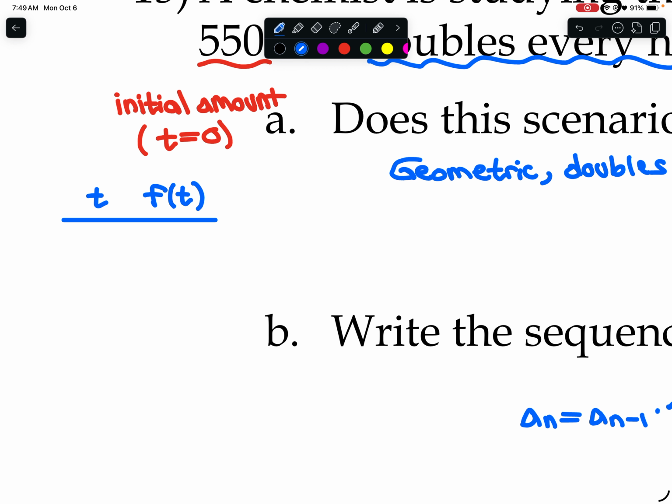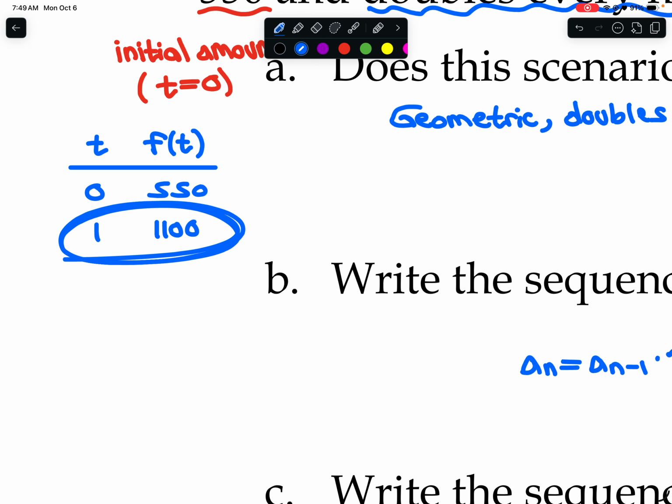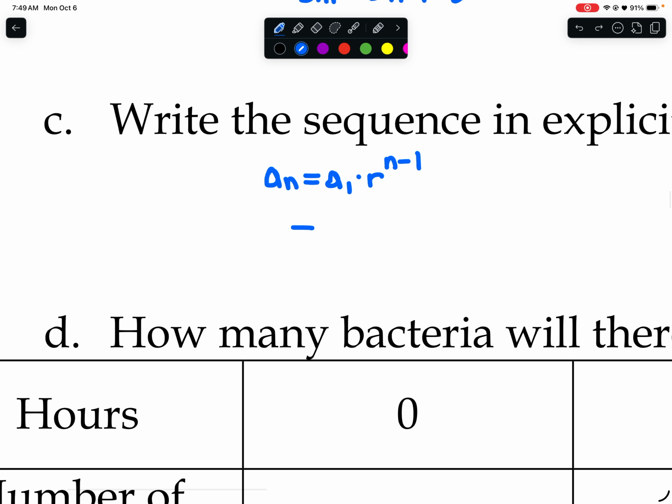So t would be the number of hours and f of t would be the number of bacteria. I know the initial is going to be 550, but if I want the value of the first term, I can just double it, which means we get 1,100. So this is the value that I'm going to want to write for my explicit form. So this would be 1,100 times 2 raised to the n minus 1.